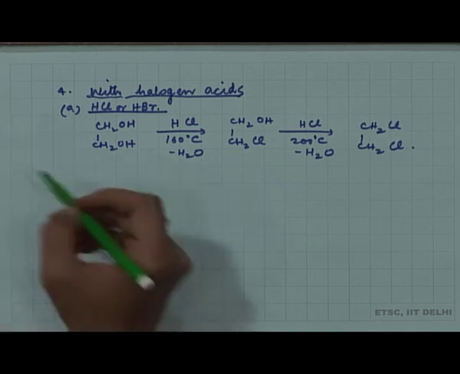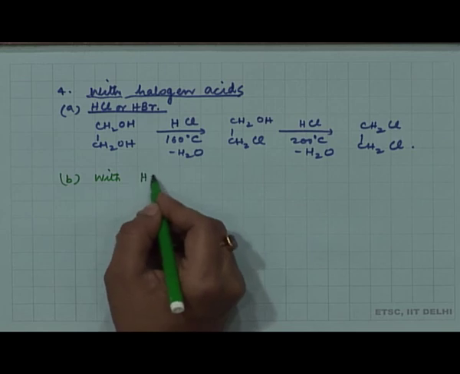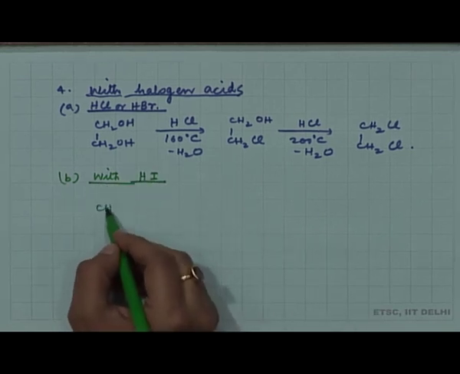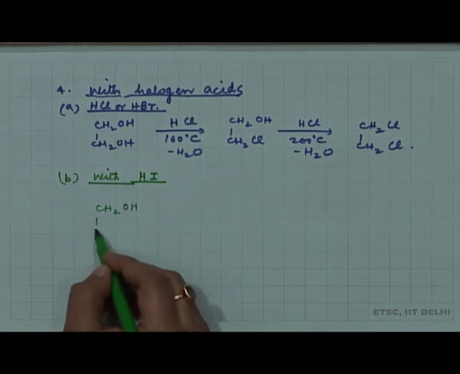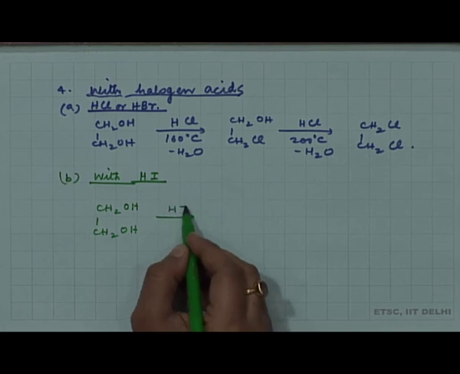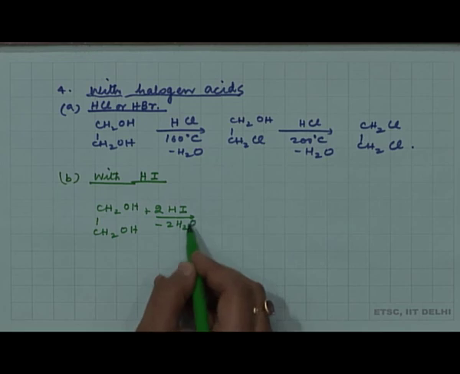But if your halogen acid is HI, then the rules are slightly different. In fact, the product is slightly different. You treat it with HI, so I can directly write 2 moles of HI, with 2 of water lost.